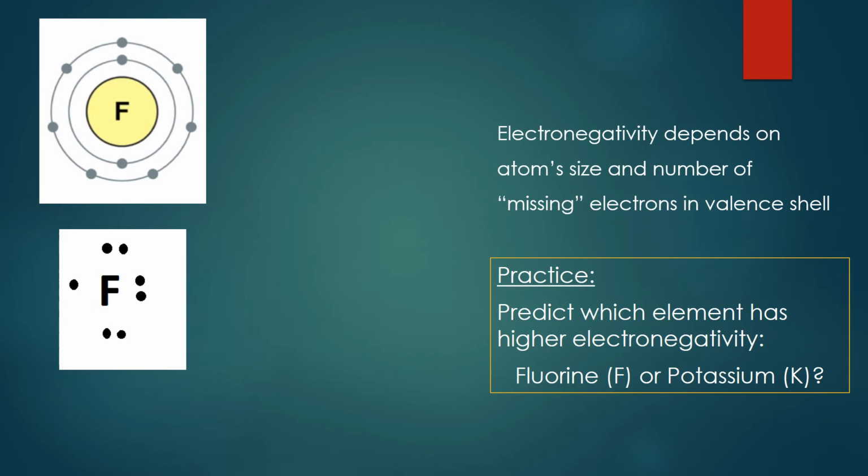And if it got its mate, then the fluorine would have 8 in its second shell. That would be a full valence shell for this fluorine. So if it gained an electron, it would be a very happy, stable molecule. Alternatively, the fluorine could get rid of 7, but it's a lot easier to pick one up than to get rid of 7. Let's compare fluorine with potassium.